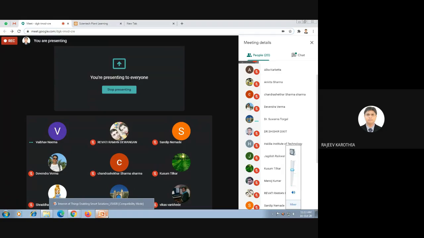So there are sensors available in the market, but by using some other technology, you can make your own sensor also. So you can tell your students to learn about the sensors. After learning all these sensors, you can make some application which is relevant with the environment, agriculture or healthcare. So that is why I have discussed all these application areas.